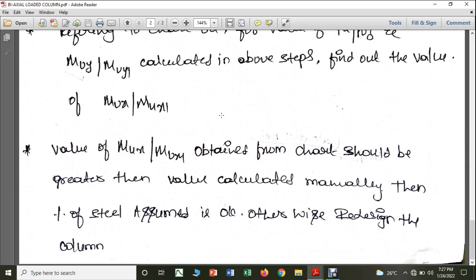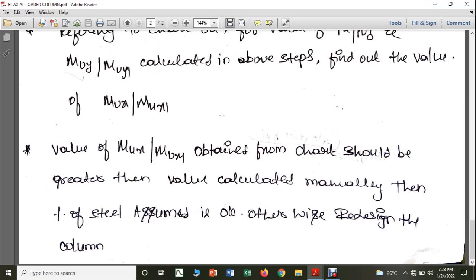If it is higher, then this indicates that the percentage of steel we have assumed is proper. If you get the value of MUX by MUX1 from the chart lower than what we calculated, then the criteria is not satisfied. Then you have to increase the percentage of steel and redesign it. This is the procedure we are supposed to follow for a biaxially loaded column.